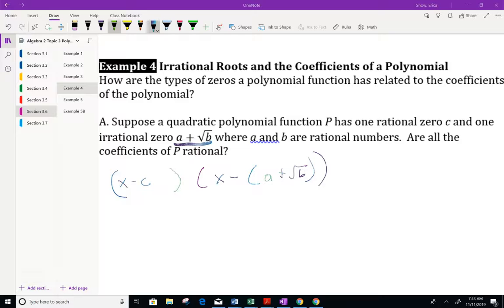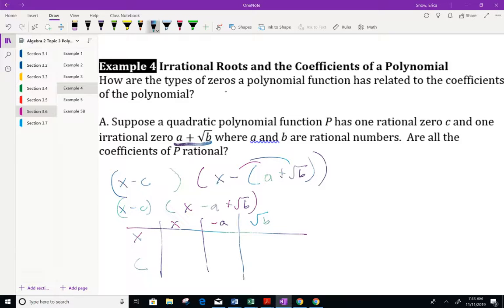So what we're going to do is we're actually going to multiply this out. So we're going to have x minus c times x, I'm going to distribute out that negative, minus a plus square root b. And let's just multiply. So we have x squared minus ax plus square root b x, minus cx, plus ac, and minus c square root b.